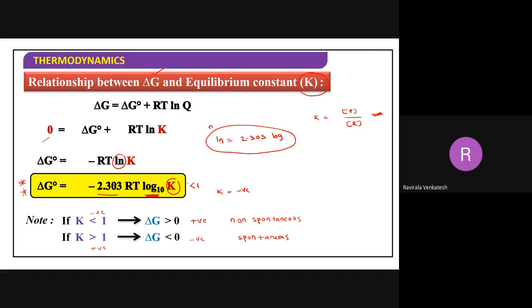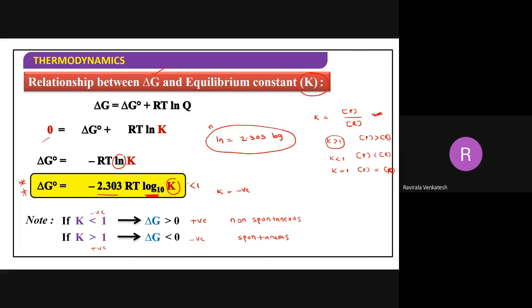If you observe, beta, when do you get K greater than 1? If the concentration of products is greater than the concentration of reactants. Correct or not? Yes, sir. When you get K less than 1, the concentration of products is less than the concentration of reactants. When K is equal to 1, the concentration of products is equal to the concentration of reactants. Right?